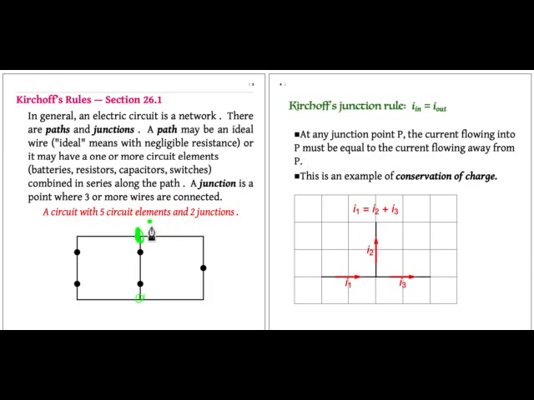So here would be a junction, and we could have current flowing along this path, and we could have a current flowing along this path, call that I3, and we would have current flowing along this path, which we could call I2.